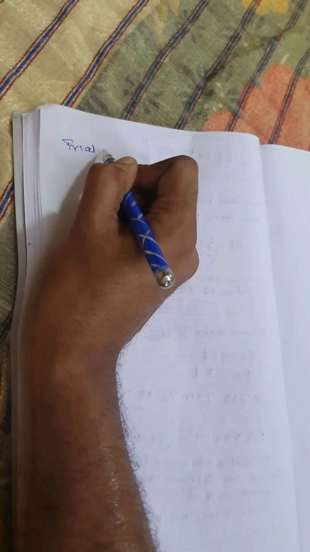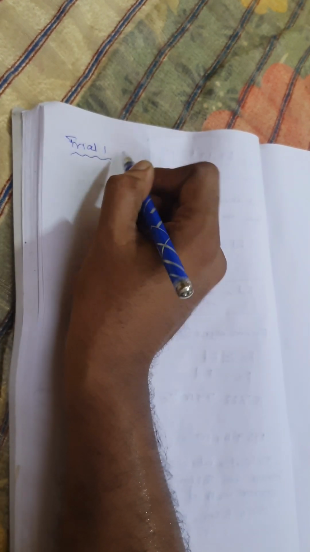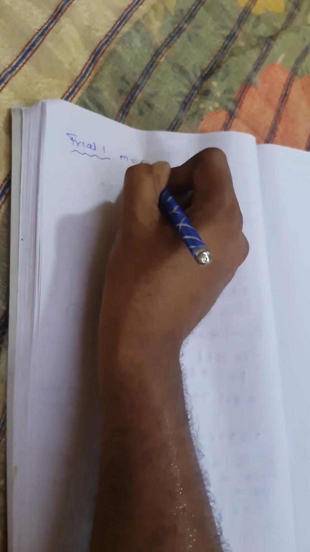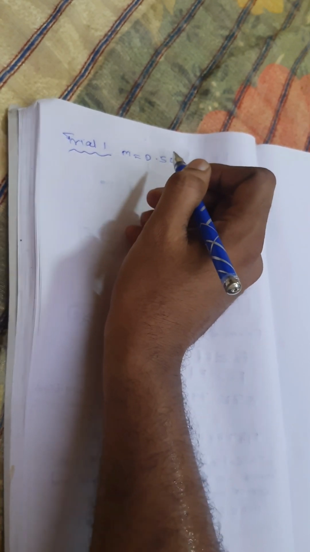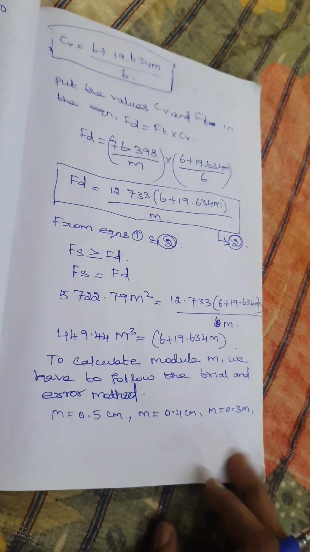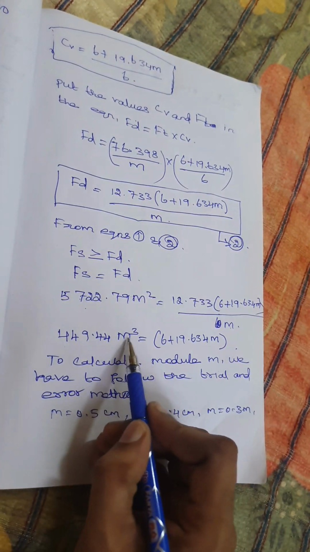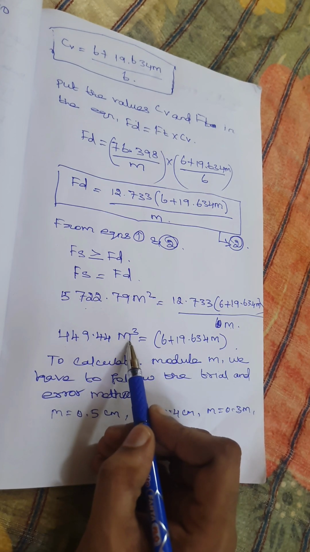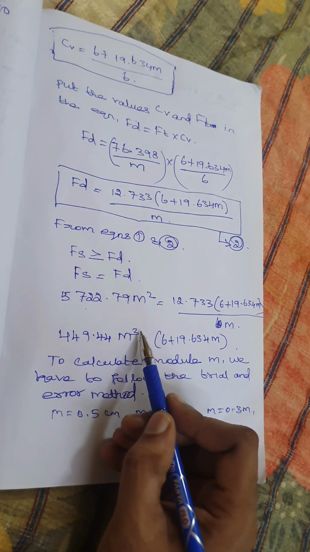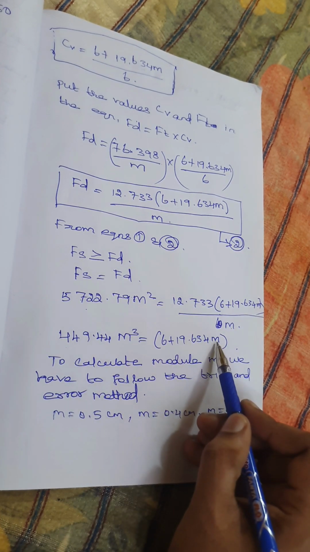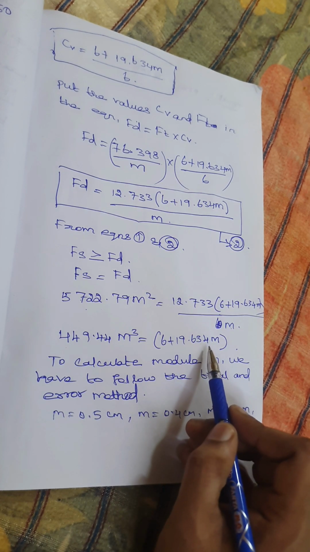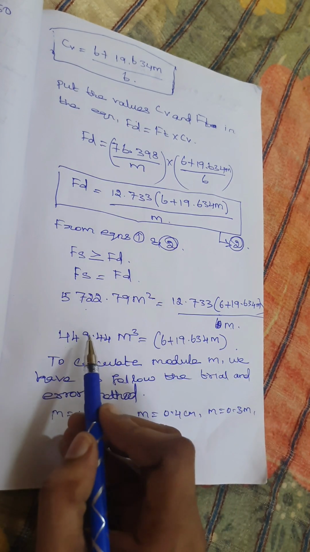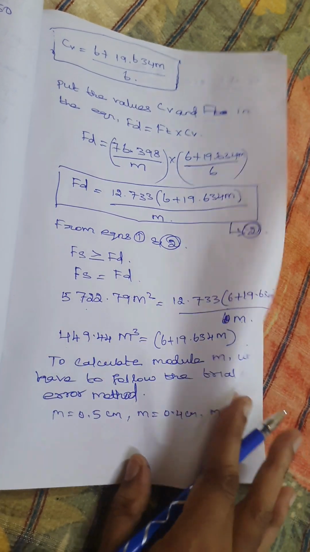Trial 1. For trial 1 we are putting the value of m equal to 0.5 centimeter. If we put the value 0.5 instead of m, then it will be 0.5 power 3, and this will be multiplied with this value, and if you put the values in the calculator, then we can find a certain value for the LHS and RHS.